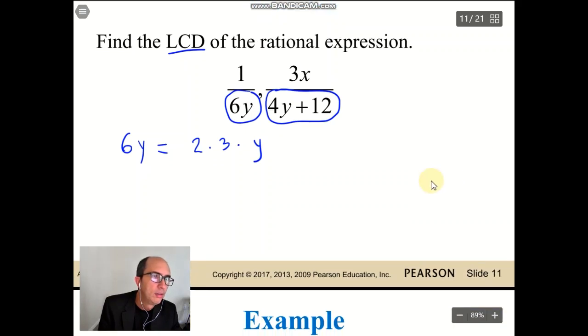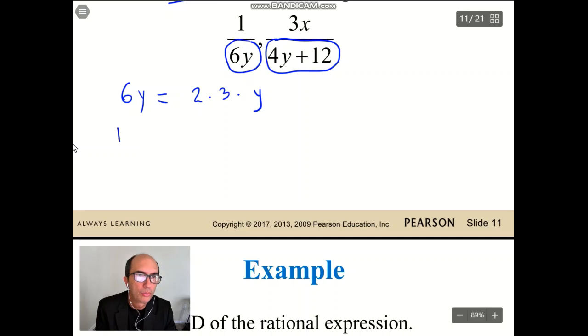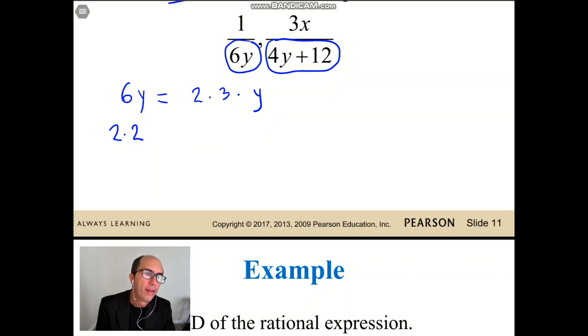And 4y plus 12, we can factor out 4, and 4 is actually 2 times 2. Let's factor out 2 times 2 multiplied by y plus 3.